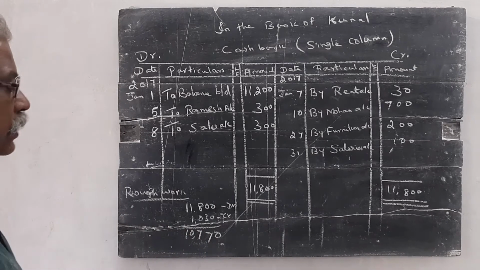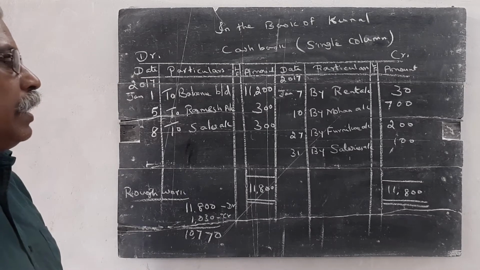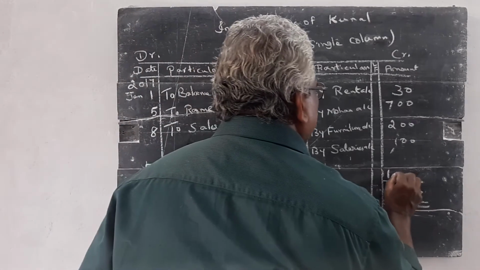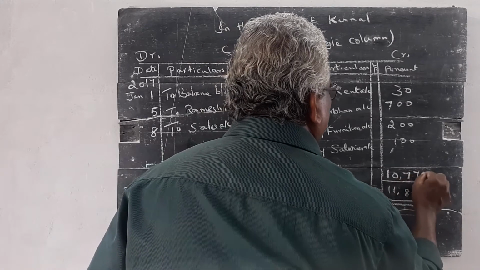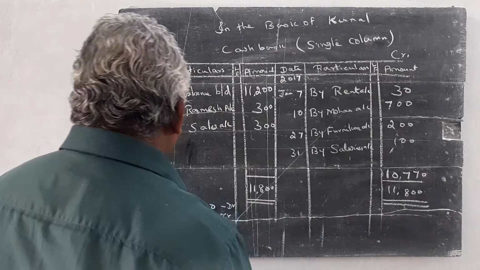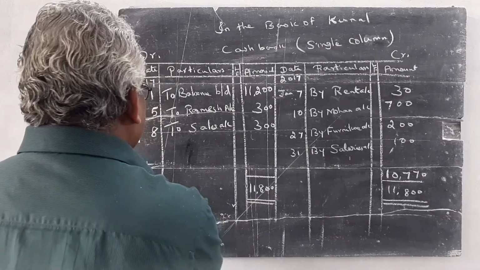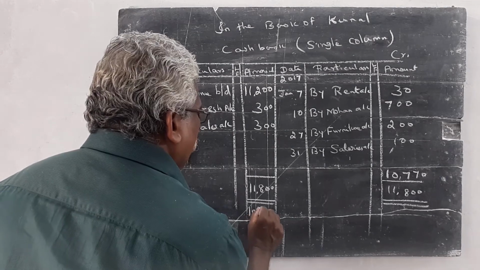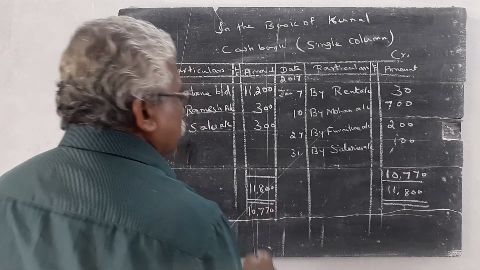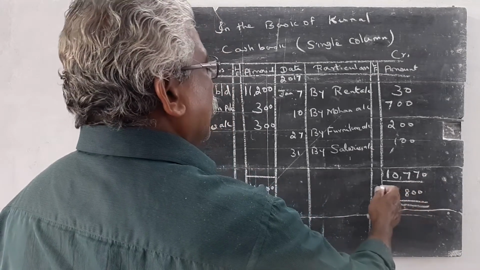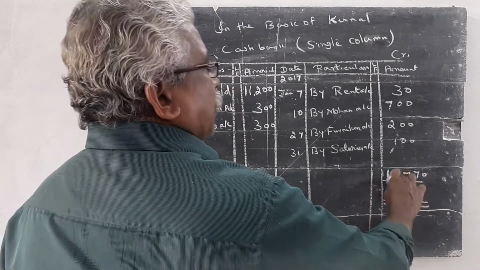10,770. This 10,770 is entered in the deficit side. This amount is entered above the single line, and the same amount 10,770 is entered on this side also, in the credit side, the deficit side.